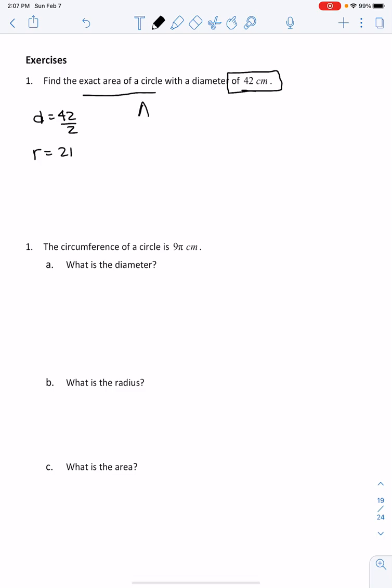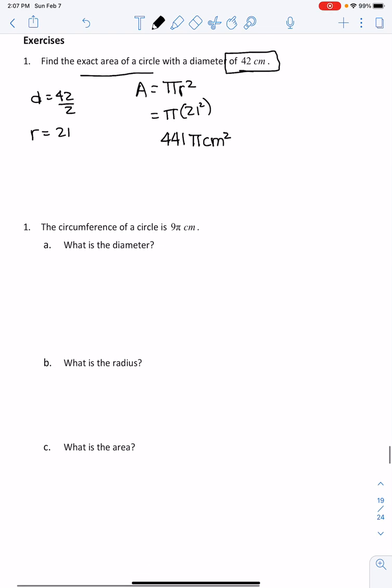So area equals pi r squared. So pi times 21 squared. Well, 21 squared is 441 pi, and then centimeters squared.